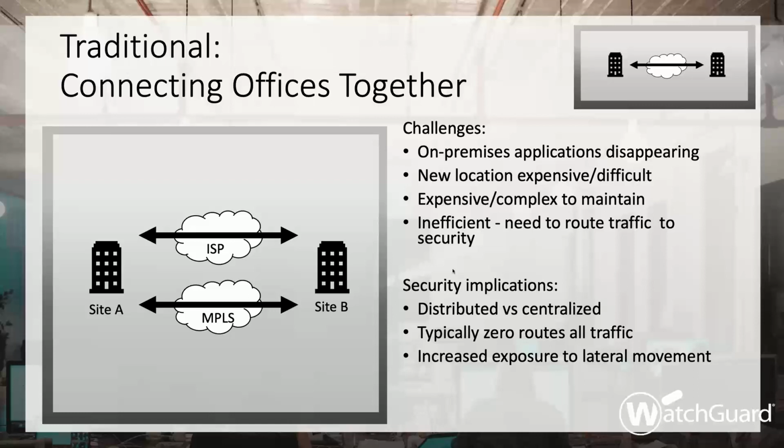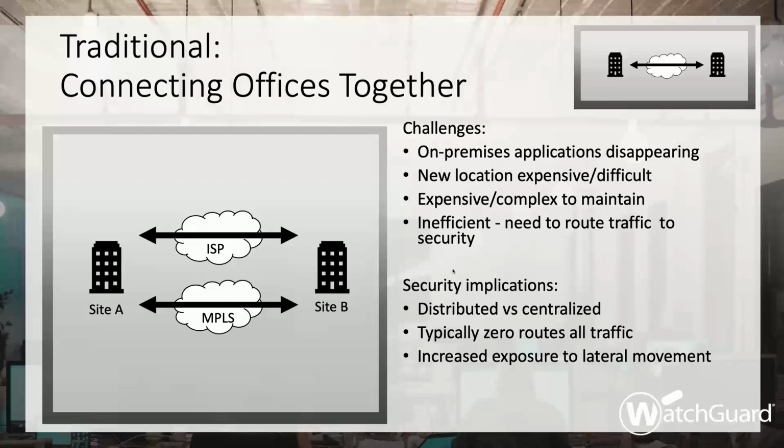Typically, you're zero routing traffic on a site-to-site VPN, so all of your traffic is going back and forth. This has security implications as well. If you're not segmenting those networks sufficiently, you're opening yourself to more lateral movement within your environment if malware does get in.